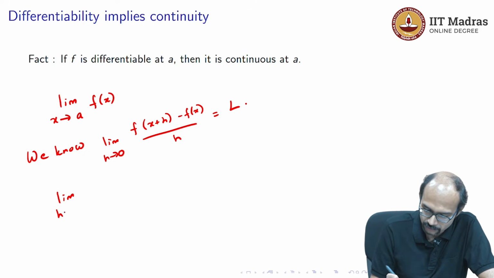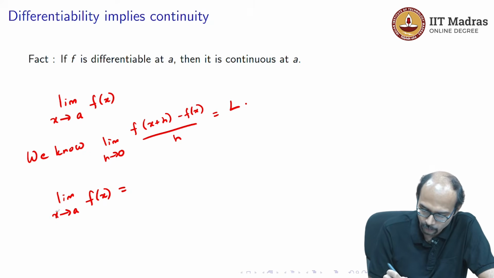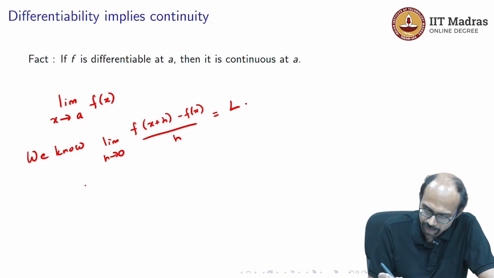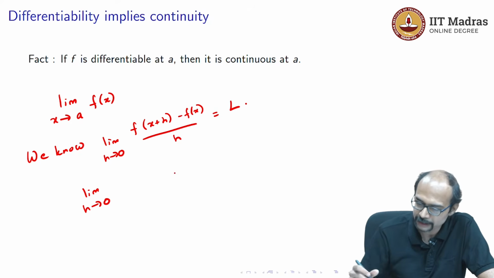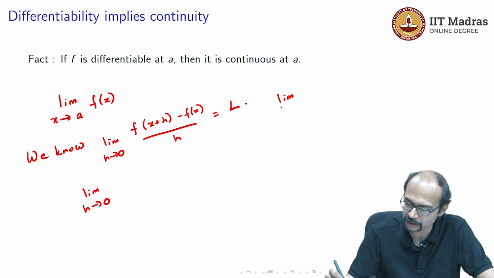Now let us compute the limit as x tends to a of f of x, or maybe I can do it from this above one better. Let us multiply this by h. So, we have two things: this is one, and the other is the function h, whose limit as h tends to 0 is 0.